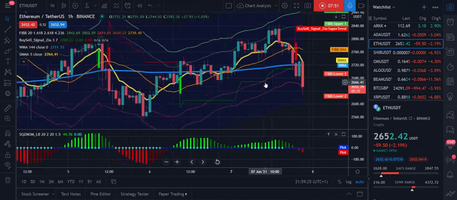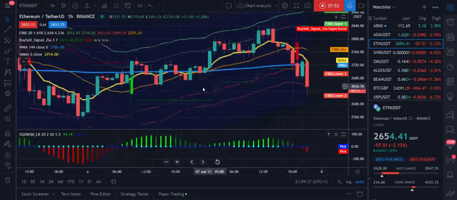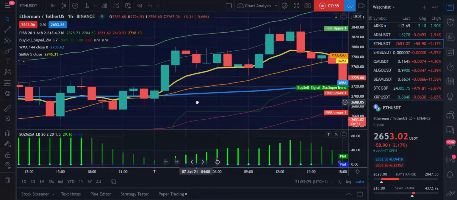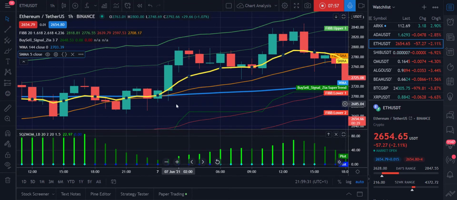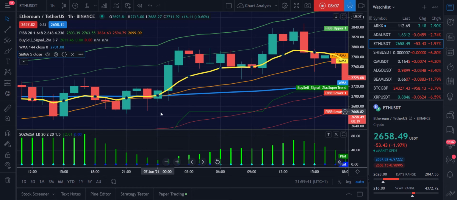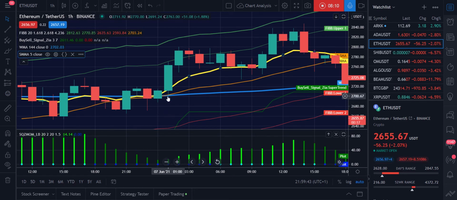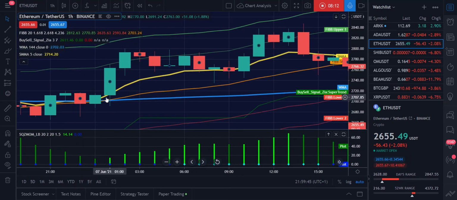So you just have to wait until you see this particular scenario over here. Just remember one thing: do not invest when the line hasn't ended, so basically when the hour hasn't ended. You have to wait for the hour to end, and you have to really see an indication where this yellow line crosses this blue line.